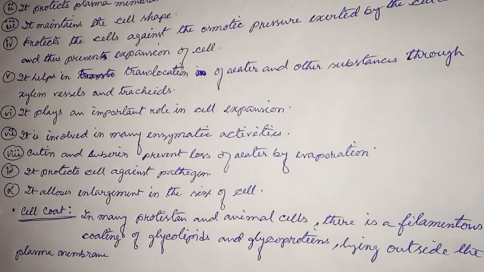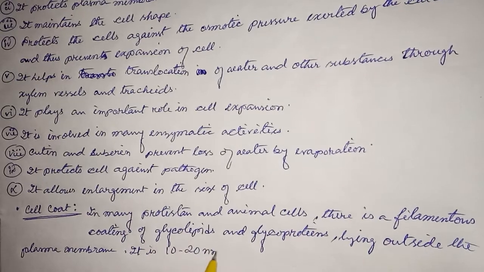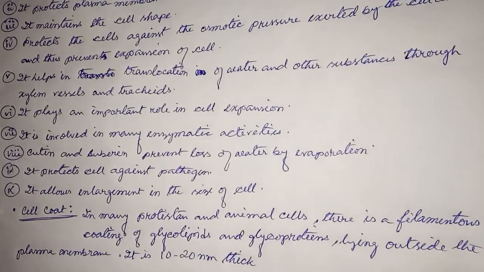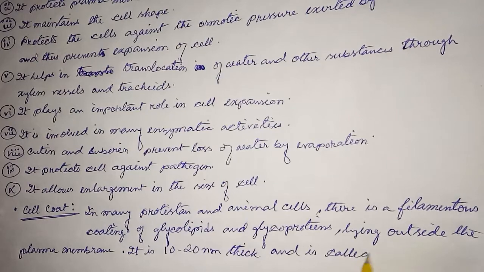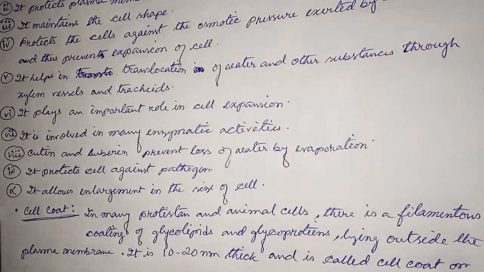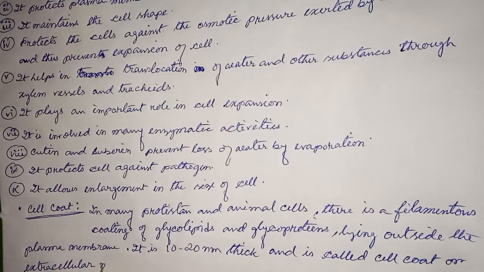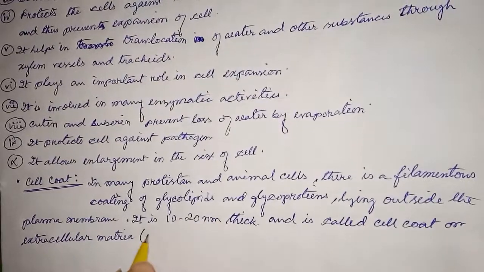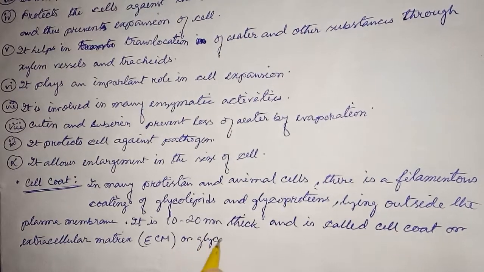It is 10 to 20 nanometer thick and is called cell coat or extracellular matrix or ECM or glycocalyx.